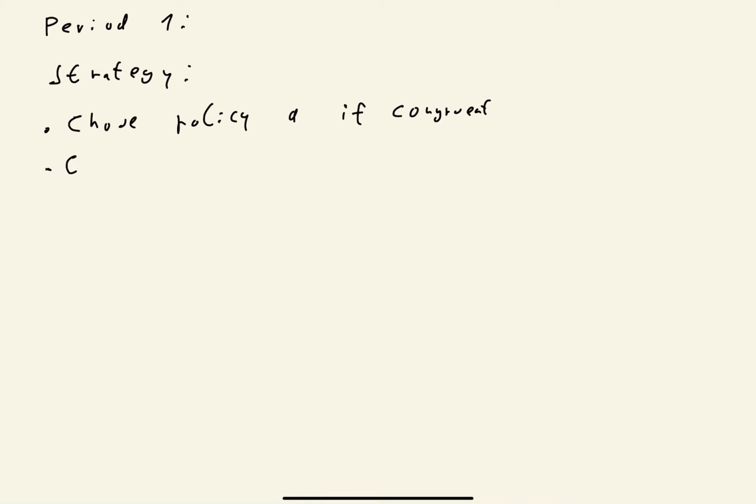So the strategy that we will consider for the incumbent is given by the following. Choose policy A if you're congruent, and choose policy B if dissonant.